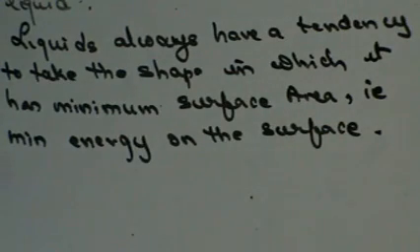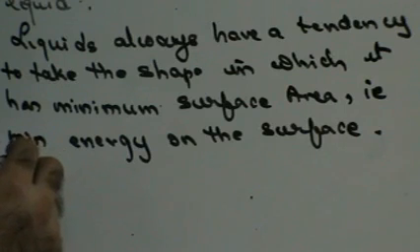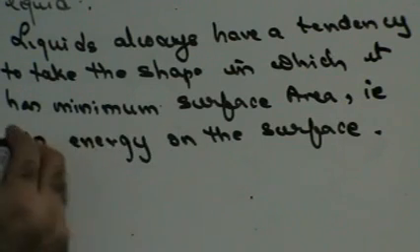Right? So as a result, this is the reason for the spherical shape of liquid drops. Now, I can say that any system possessing minimum potential energy always tends to be stable.